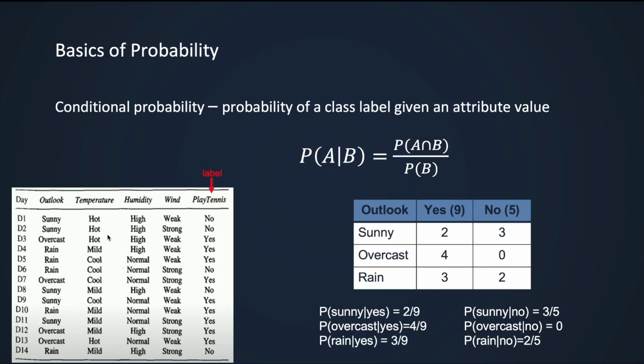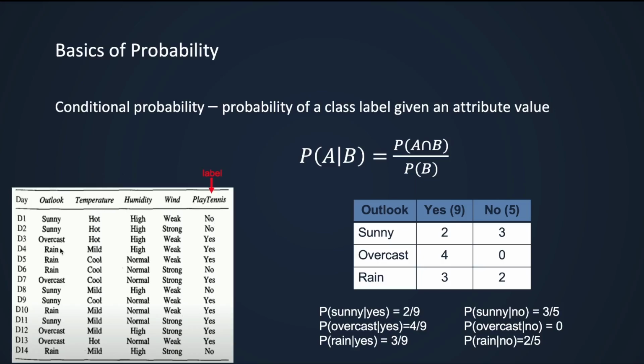So here we have a data set with the attributes day, outlook, that is whether we are having a sunny day, overcast day, etc. Then we have the temperature of each day, the humidity of each day, and what type of wind there is, and given these attributes we have a label called play tennis, that is whether a person is going to play tennis or not.